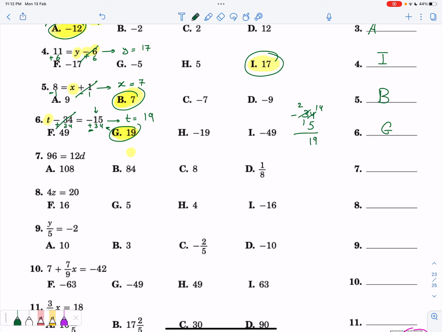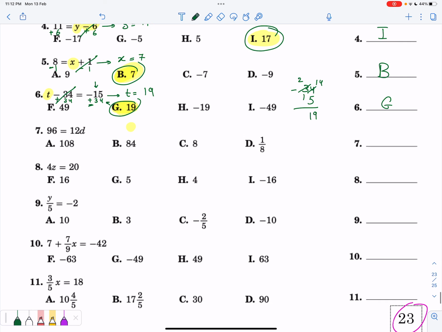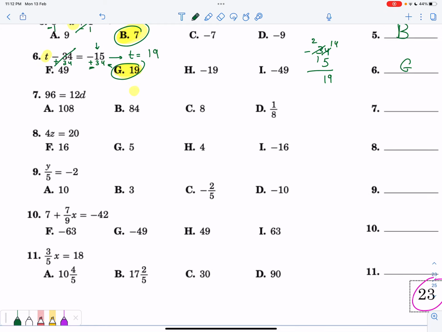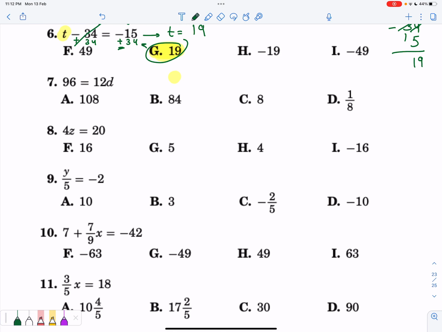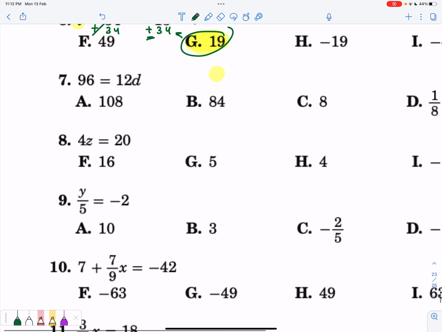Okay, now let's do number 7. Here we have 69 equals 12D. As you can see here, I have that 12 multiplied by the variable. So to solve such equations, we need to do the inverse operation as always. Since they are multiplied by each other, you need to divide. So I need to divide both sides by 12.